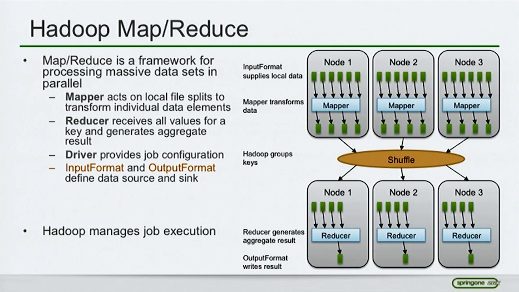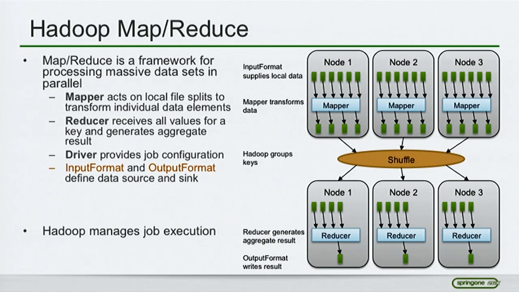To reset how MapReduce works, we've got a mapper. It's going to transform the data in some way. Every time you run a MapReduce job, it's going to split that data up into a set of keys and values that are on the local data node and send that into your mapper one at a time.